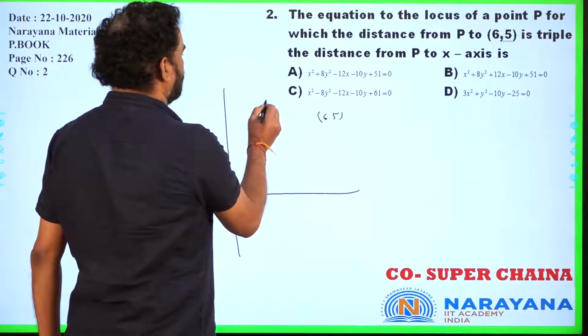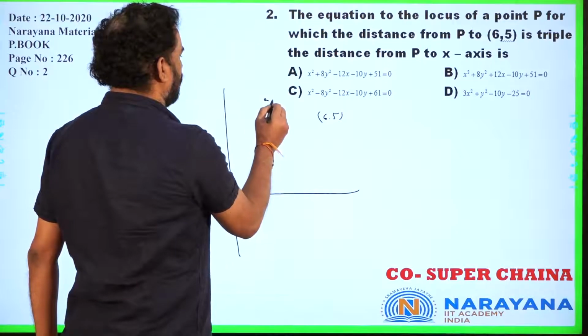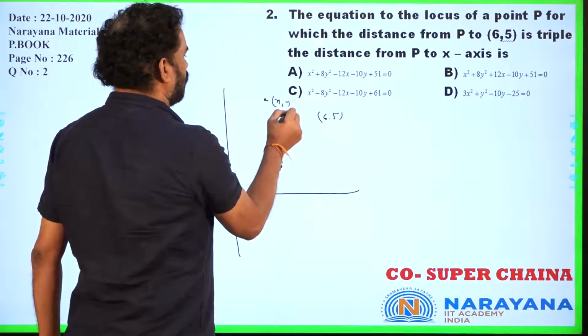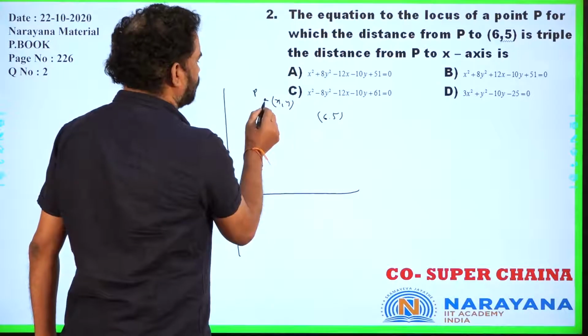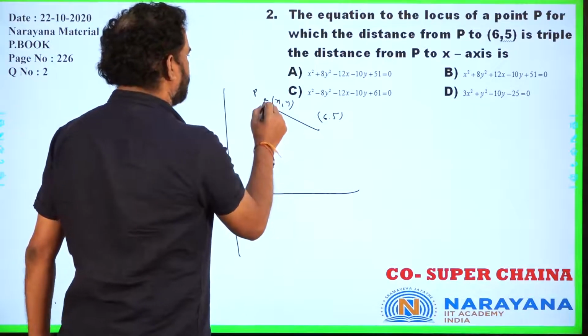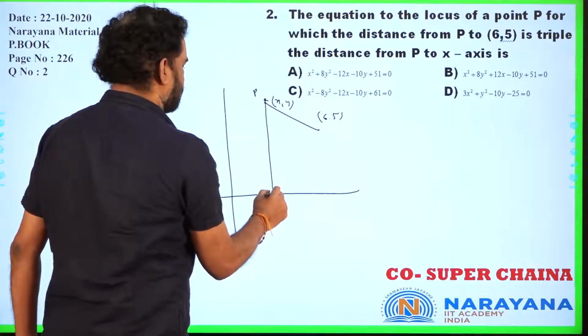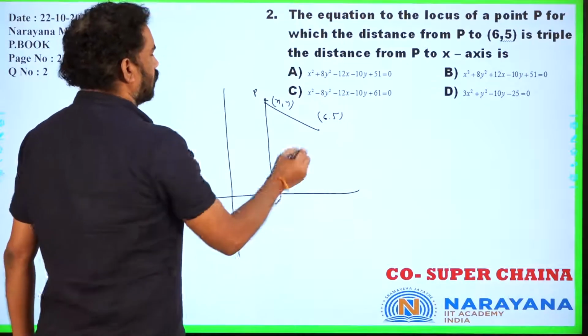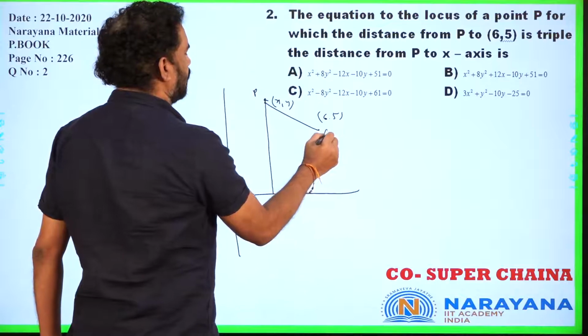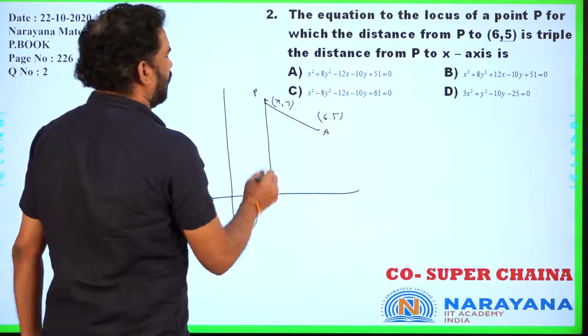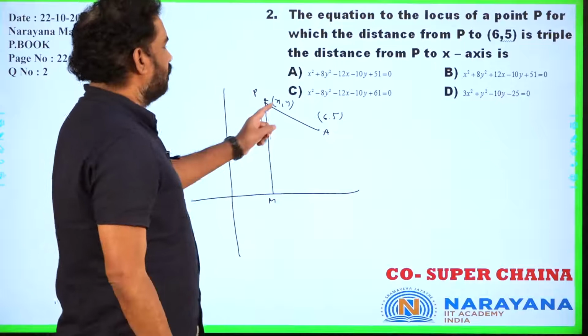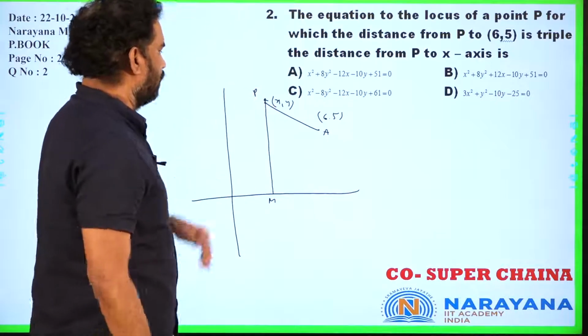Suppose we take the locus point P as (x, y). Its distance to this point is this one, and the perpendicular distance onto the x-axis is this one.